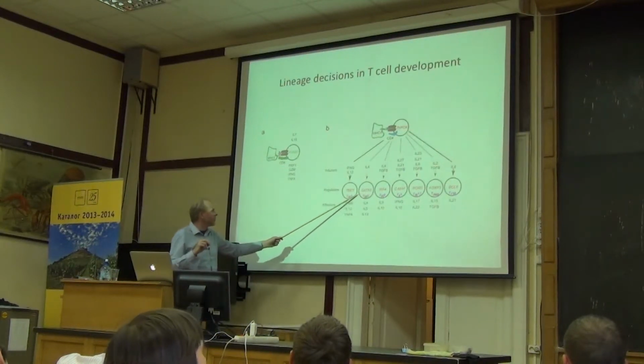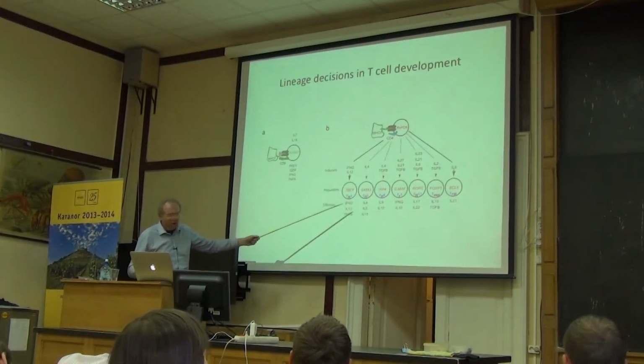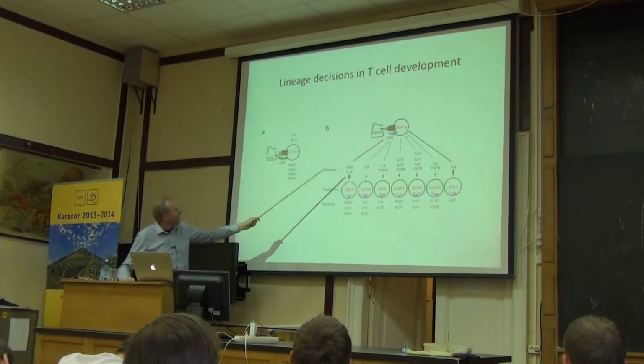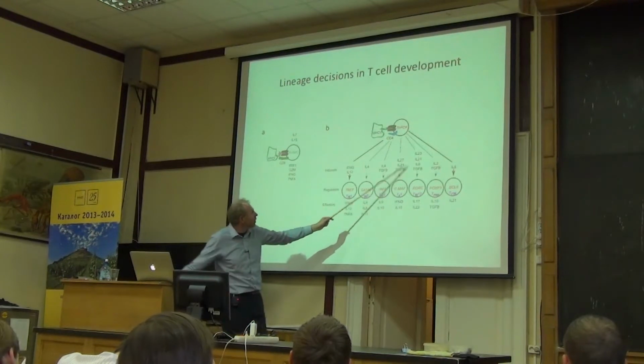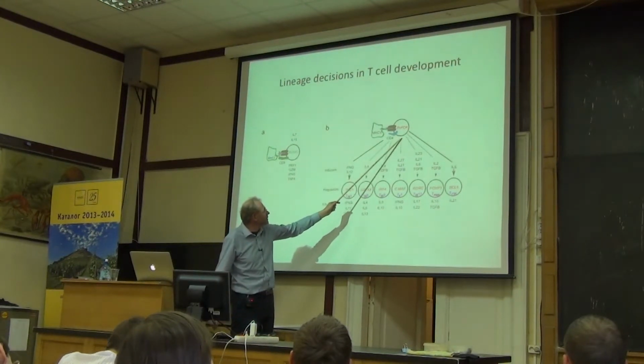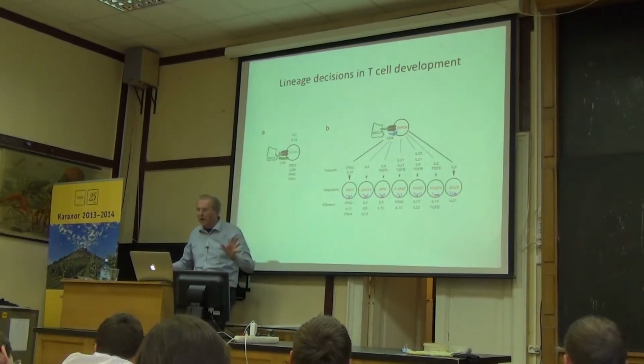Various other types of factors that we don't have to discuss in detail, resulting in a rather complex diversification of this primordial helper cell type that has various subfunctions.